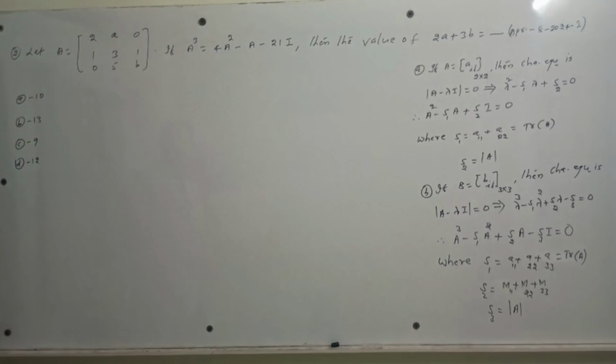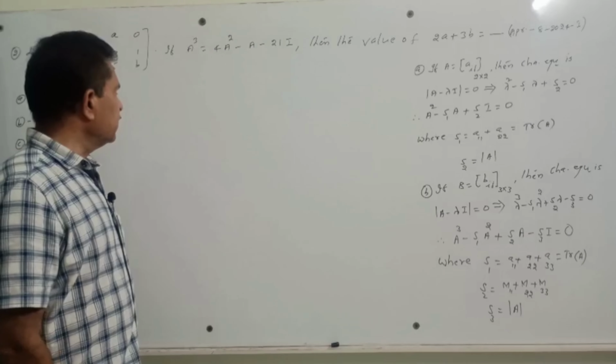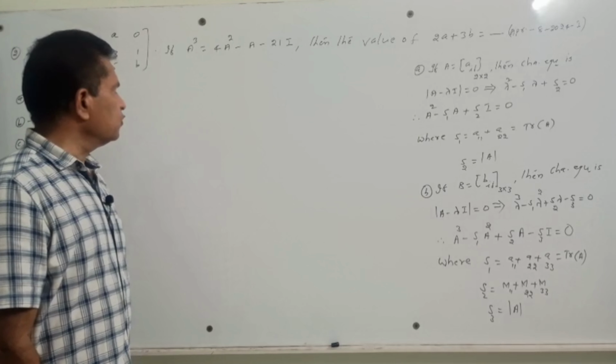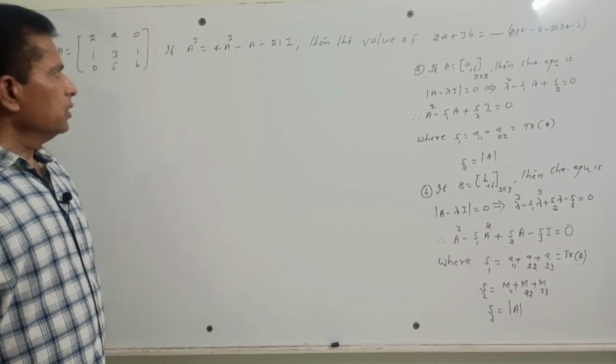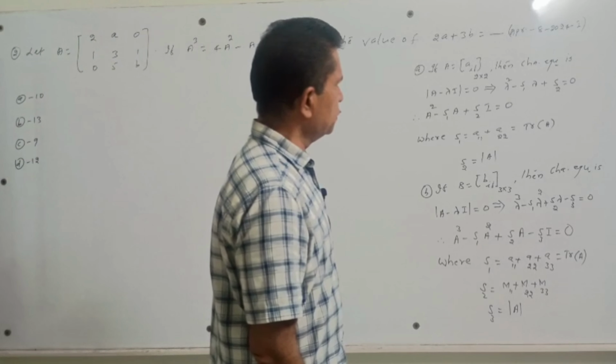Let A be the matrix 2, a, 0; 1, 3, 1; 0, 5, b. If A cube is equal to 4A square minus A minus 21 into I, then the value of 2a plus 3b is equal to dash.